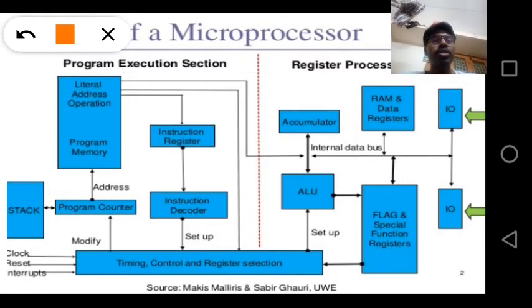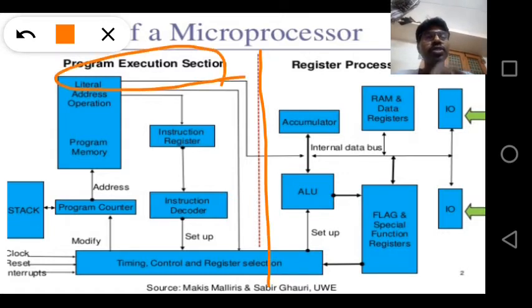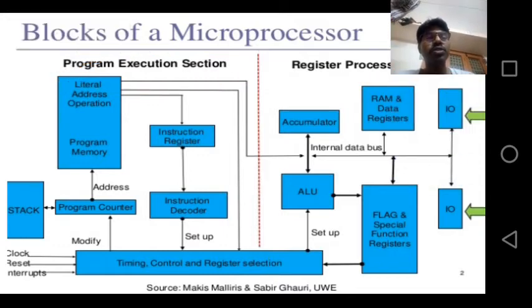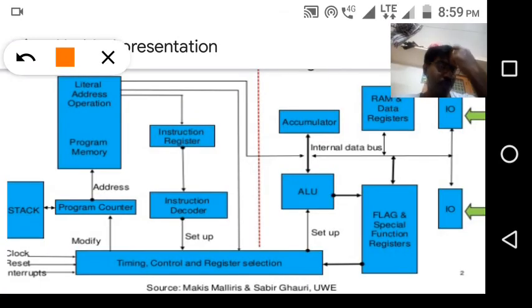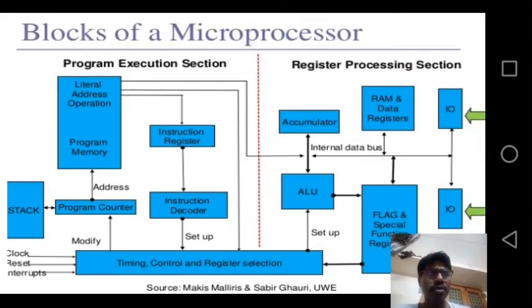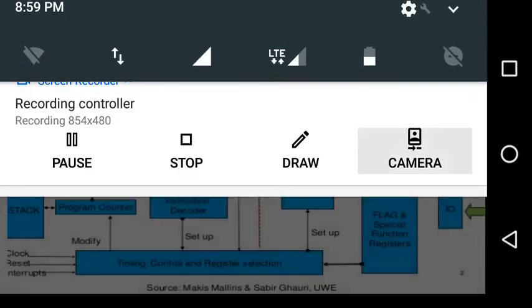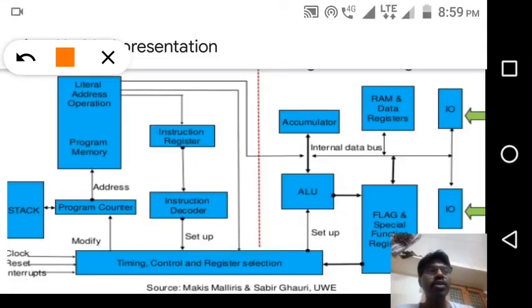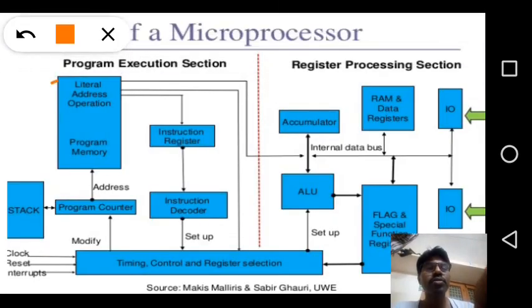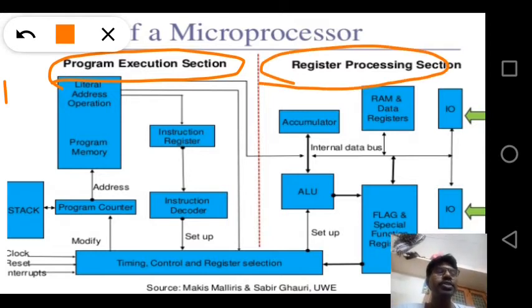So this is called the block diagram of a microprocessor. It is majorly divided into two parts. The first part is the program execution section, and the second one is the register processing section.